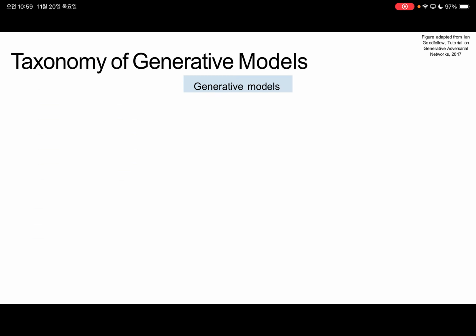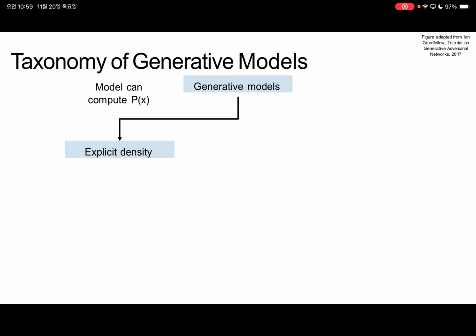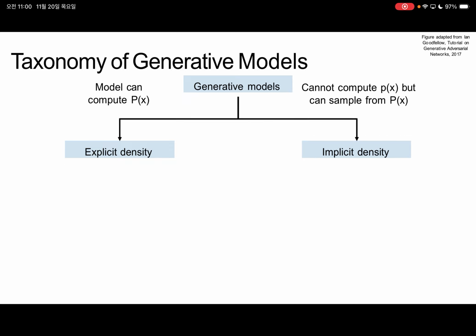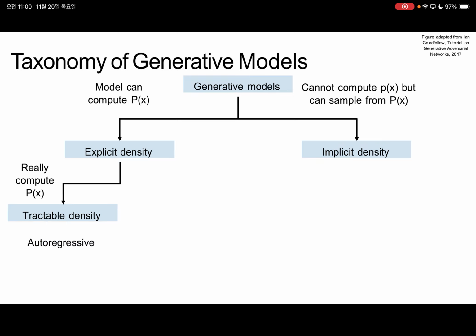And then there are taxonomies of generative models. The first one is a model that can compute P(x). We learned this one, right? The prior distribution. And some models cannot compute P(x), but can sample from P(x). That is explicit density and implicit density. If the model really computes P(x), then it is tractable density, and the autoregressive model belongs to this class.